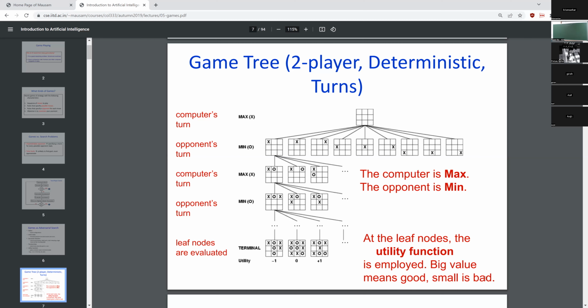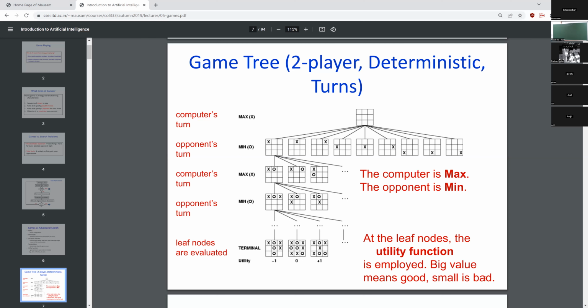Just one thing that we would like to understand is what is so special about the names max and min? Why are we giving the AI agent or the computer the name max, and why is the opponent given the name min? There is a reason. The purpose of the AI agent is going to be maximizing the utility function, or taking the game to a state where the utility function is maximum.